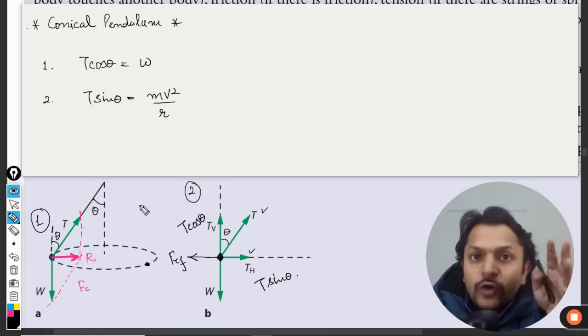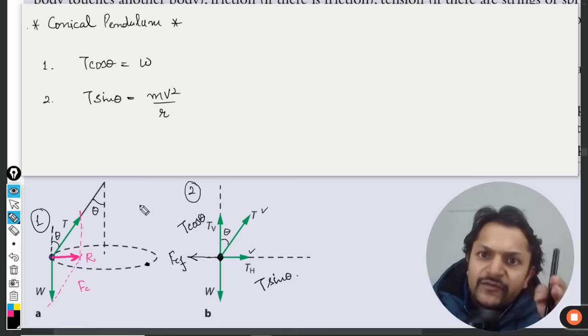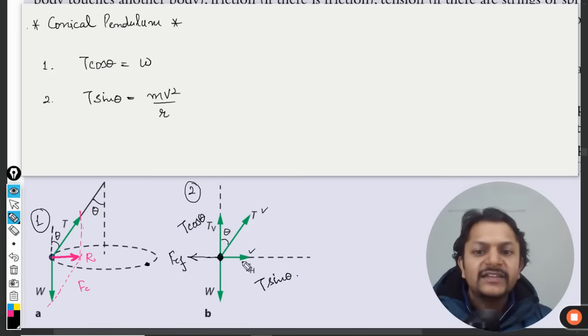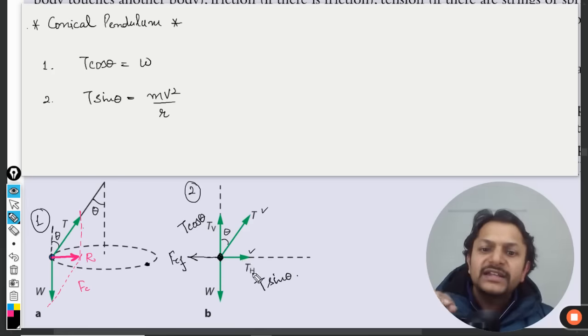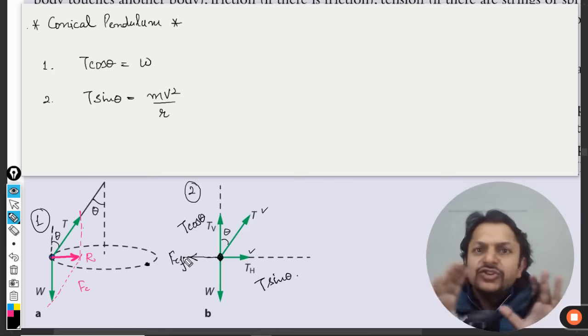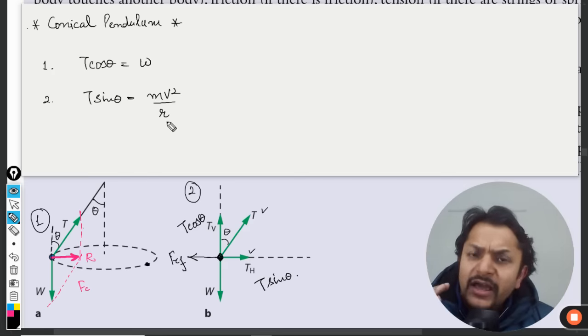Now, as I have already told you, IB does not give you the explanations with the help of centrifugal force, so you can either say that T sin theta is acting like centripetal, or you can say that T sin theta is balanced by the centrifugal. Whatever explanation suits you, you can take up. But anyway, T sin theta will be equal to mv squared by r.